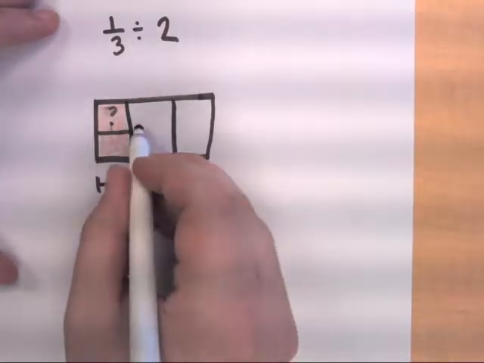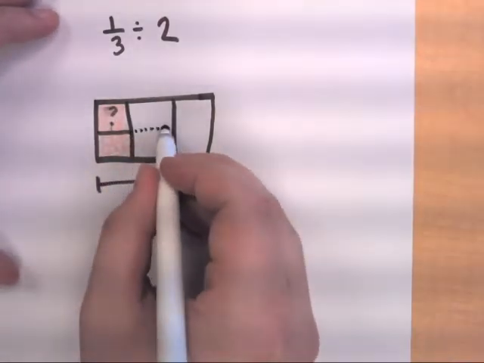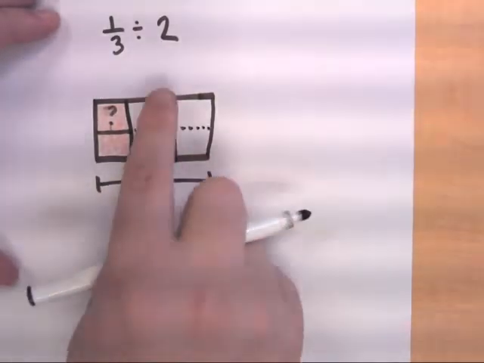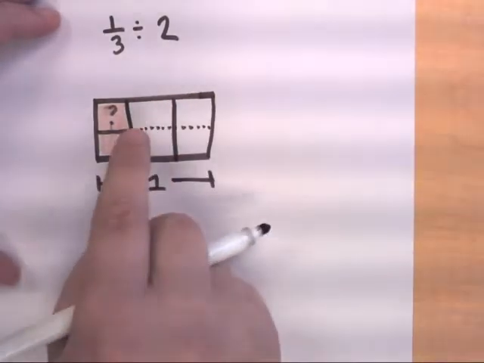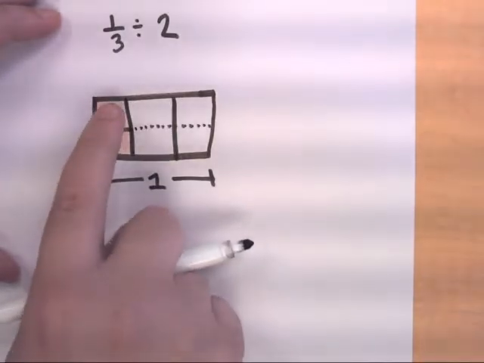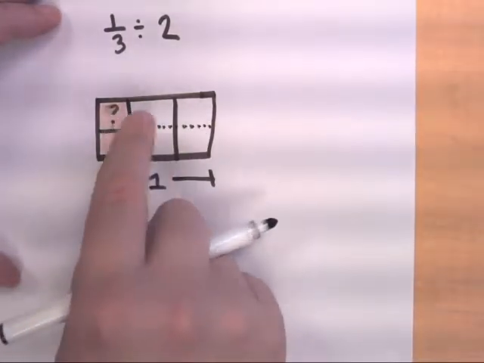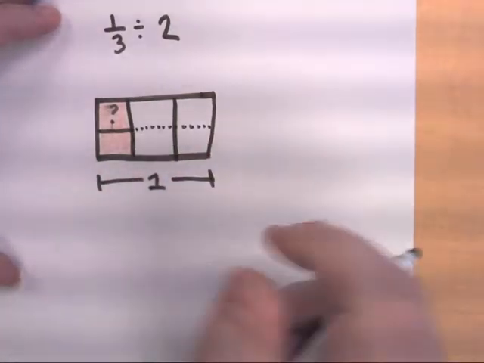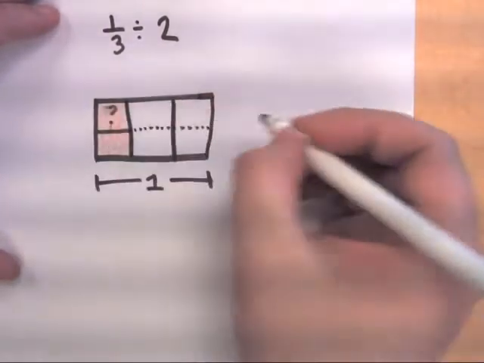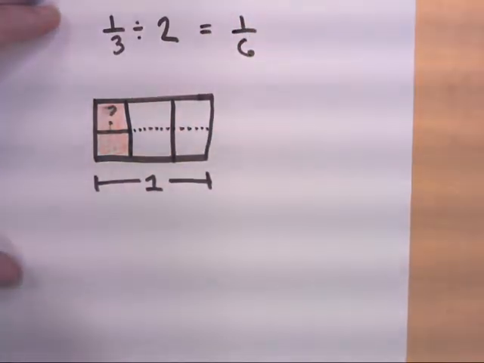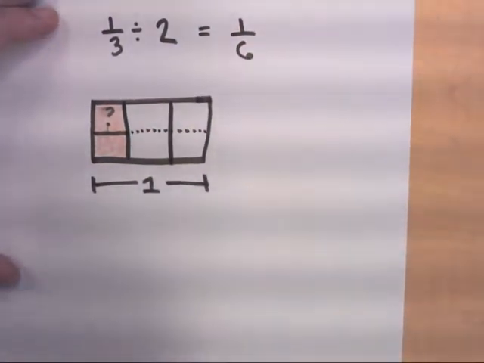And sometimes it might be a bit easier to answer that question if we divide each of the thirds by 2. Then it becomes easier to see that it would take 6 of these sized pieces to make up the whole. And 1 equal piece out of 6 is 1/6. So 1/3 divided by 2 is 1/6.